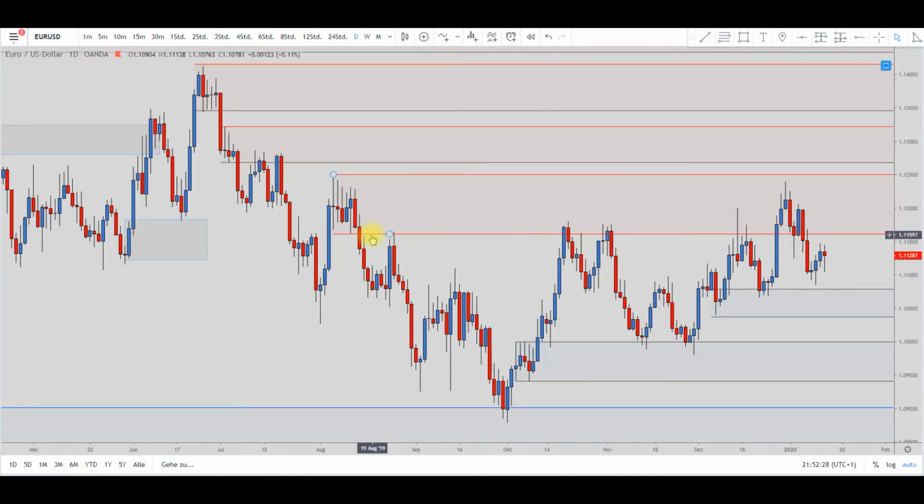Let's use this level as an example of how I modify my levels once they're hit, once they're tested. Once I do put it on top of this bar, assuming that all limit orders have been taken out to this point.